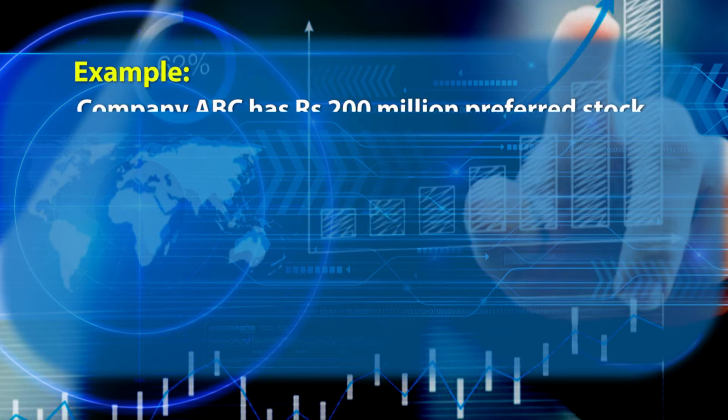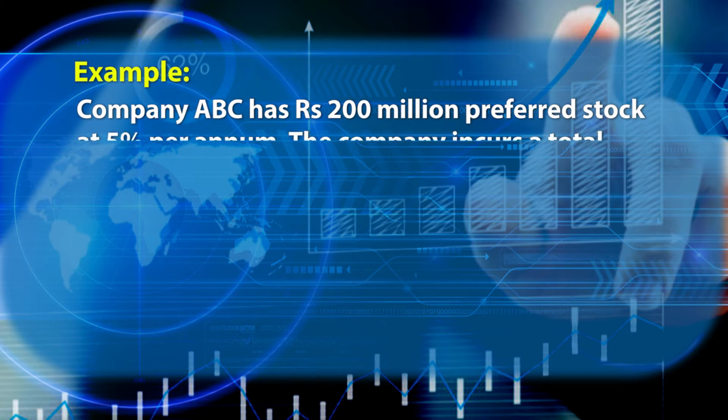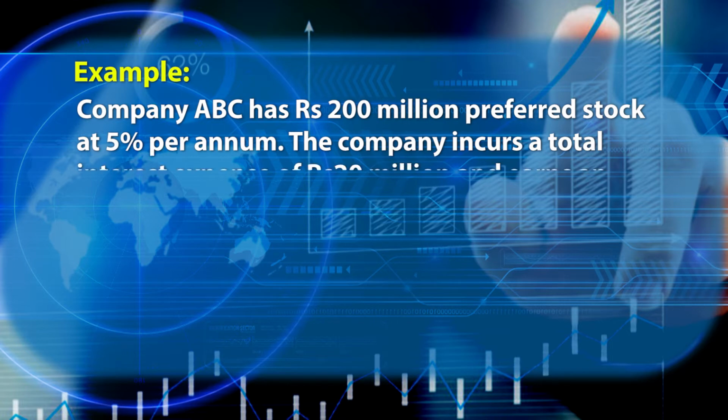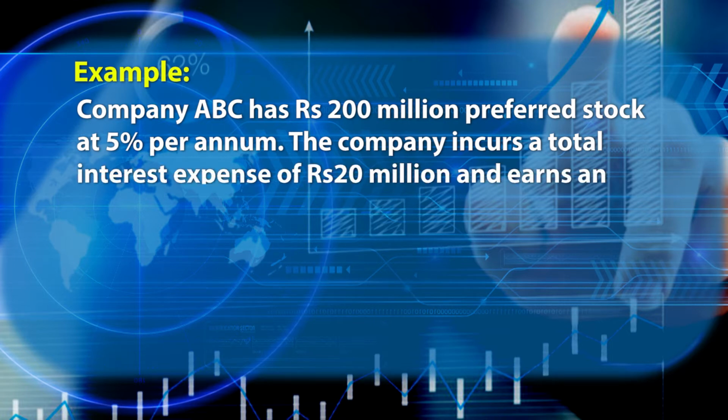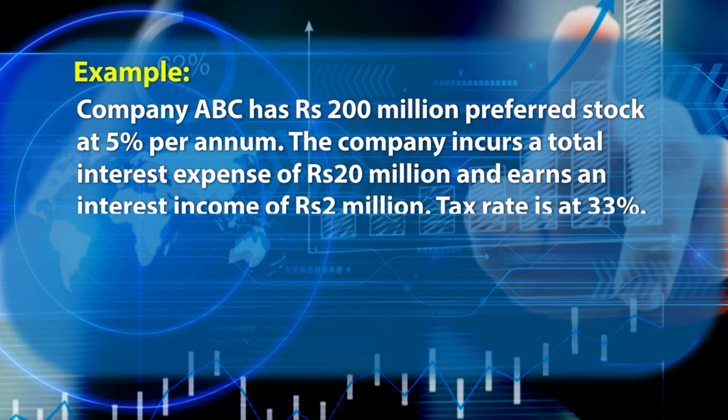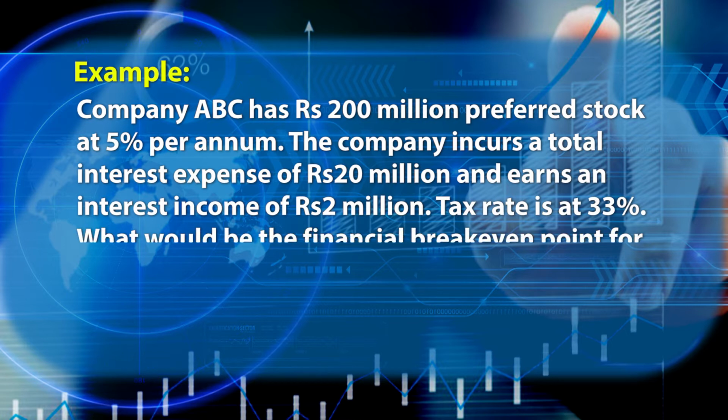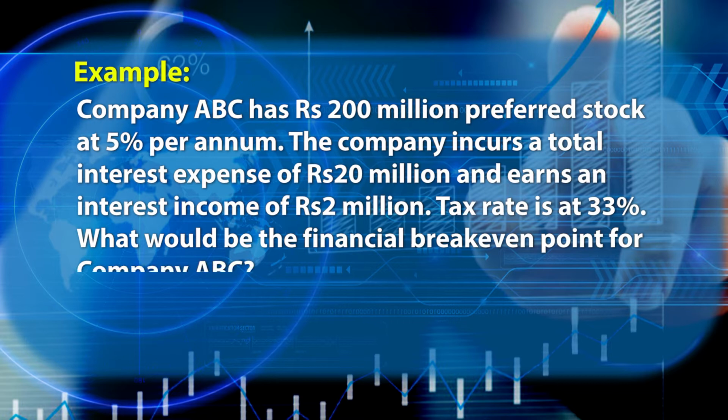Let's understand this important concept with a numerical example. Company ABC has rupees 200 million preferred stock at 5% per annum. The company incurs a total interest expense of rupees 20 million and earns an interest income of rupees 2 million. Tax rate is at 33%. What would be the financial break-even point for company ABC?